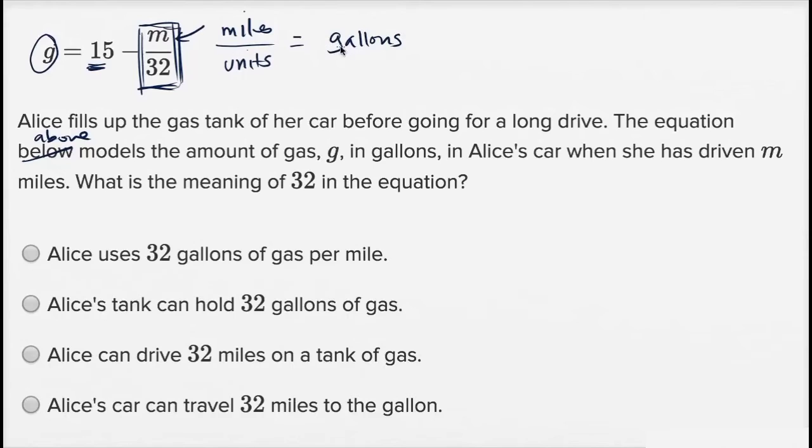Well, we can treat these units the way we would treat algebraic variables. So we could solve for units here. We could take the reciprocal of both sides, and say the mystery units divided by miles is going to be 1 over gallons, or per gallon.